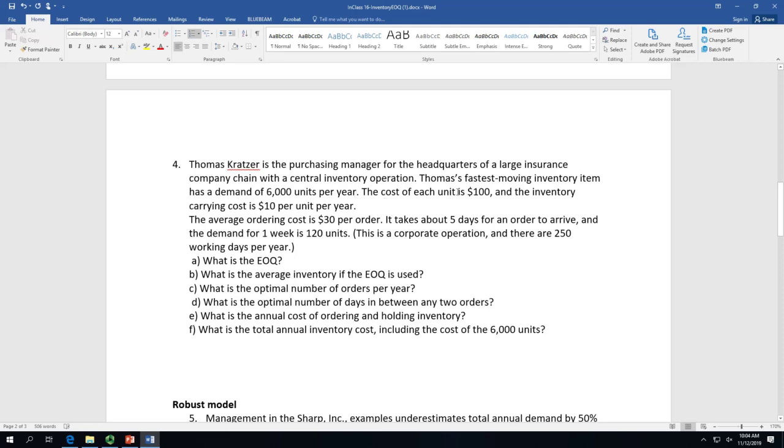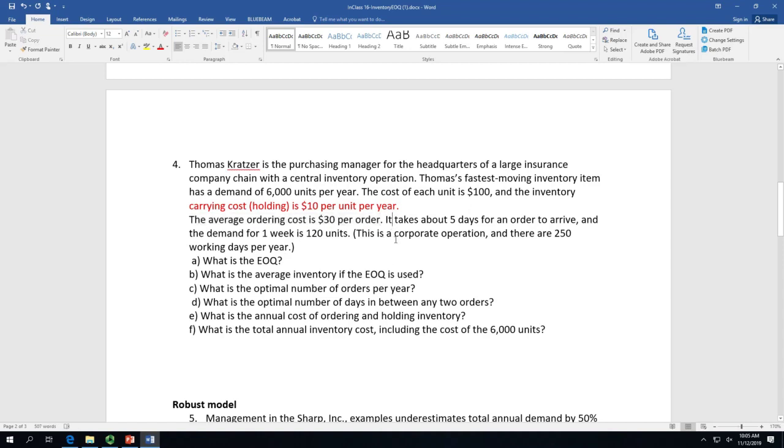The cost of each unit is $100, and the inventory carrying cost is 10 per unit per year. Obviously this is your holding cost. Carrying cost and holding cost are pretty much the same. And the average ordering cost is $30.